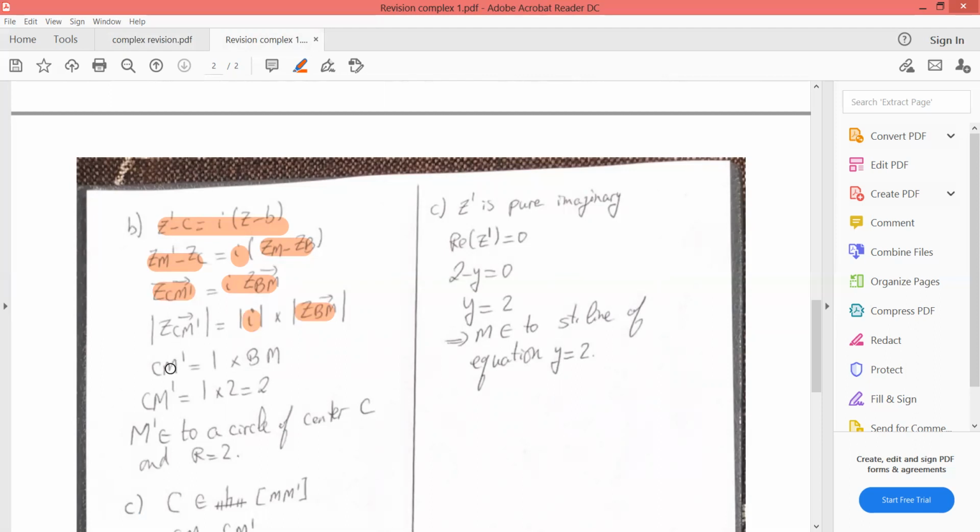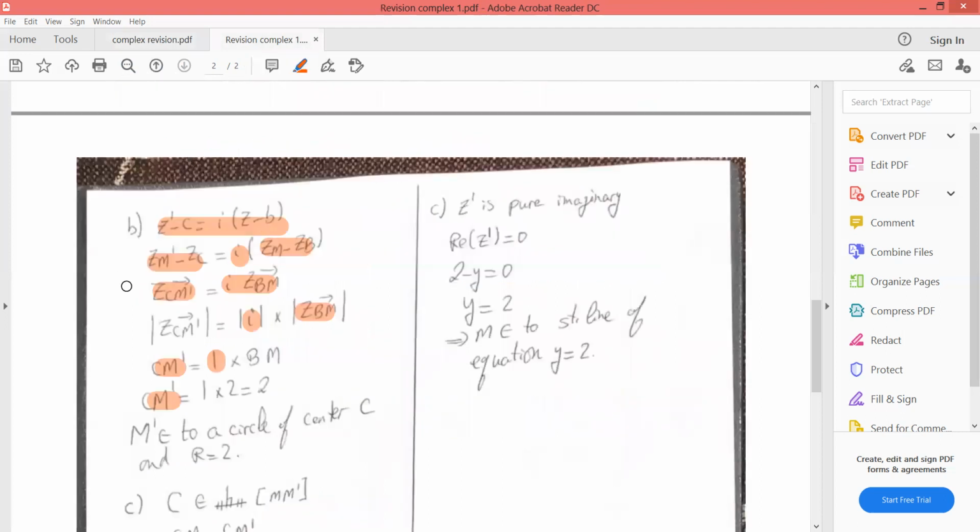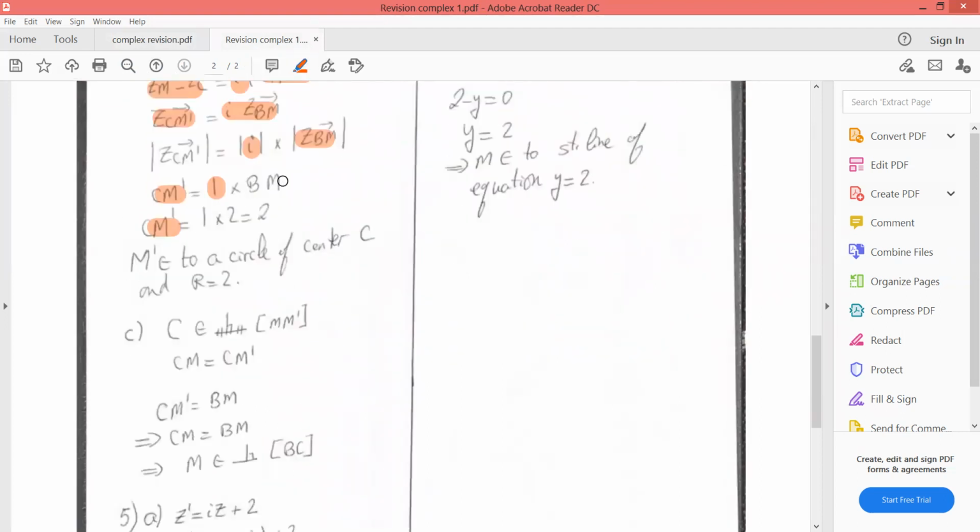So we have Cm prime equals the modulus of i, which is 1, times Bm. Cm prime equals Bm, which is 2. Do you know why Bm is 2? Radius. M belongs to a circle of center B and radius 2. That means BM is 2.